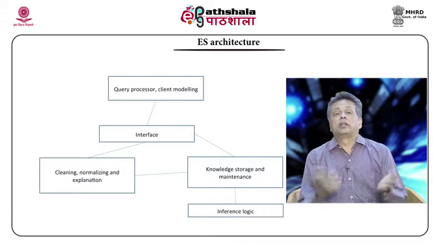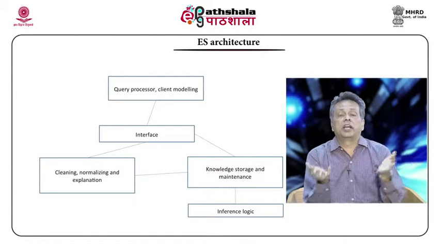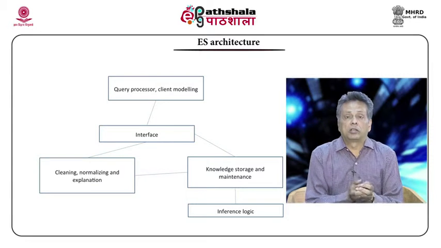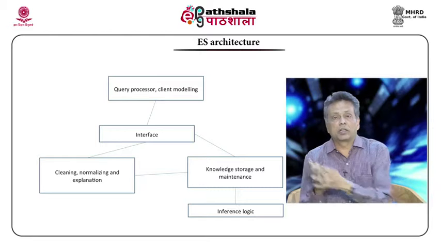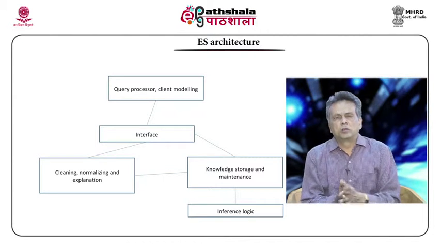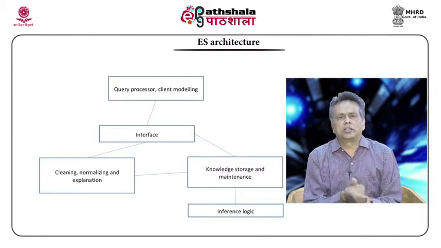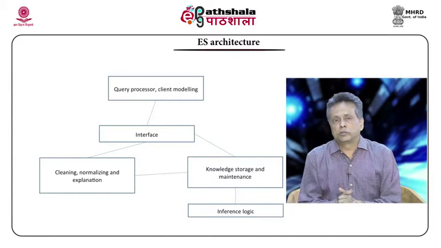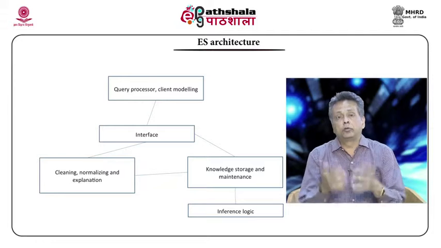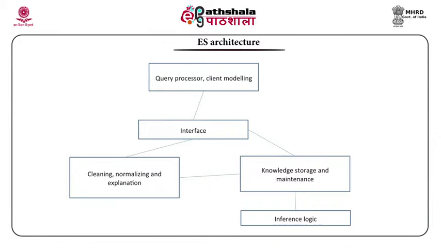Knowledge storage and maintenance is what we have already seen earlier, the predicate logic and other mechanisms, the last one we saw being CD. So, there is some mechanism of storing that knowledge and maintaining it in a way that the module which can infer from it and add new knowledge to it can do that. This is the general idea of the ES architecture.